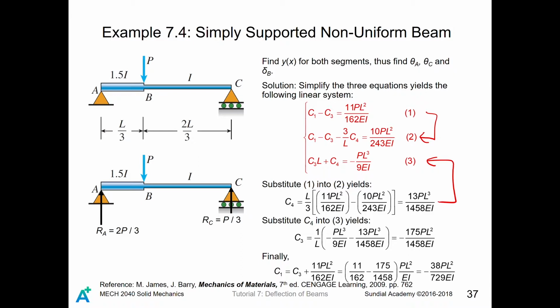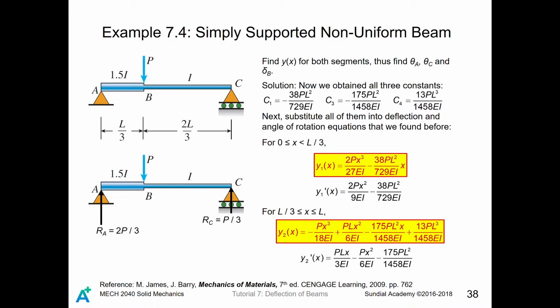Then finally, we put our result of C3 into C1 again to get C1 equals to minus 38 PL squared divided by 729 EI. So all 3 unknowns are now solved, and the deflection curve of the entire ununiform beam will be obtained.